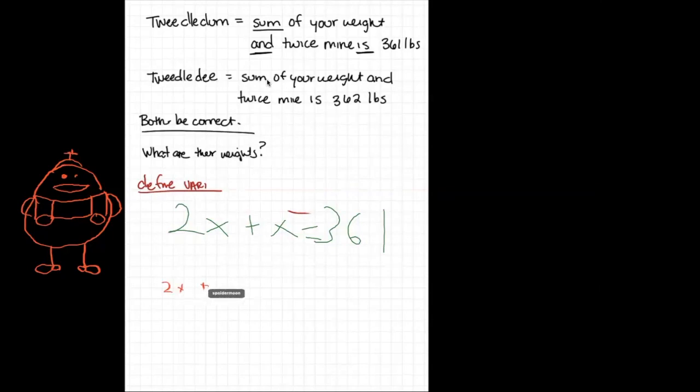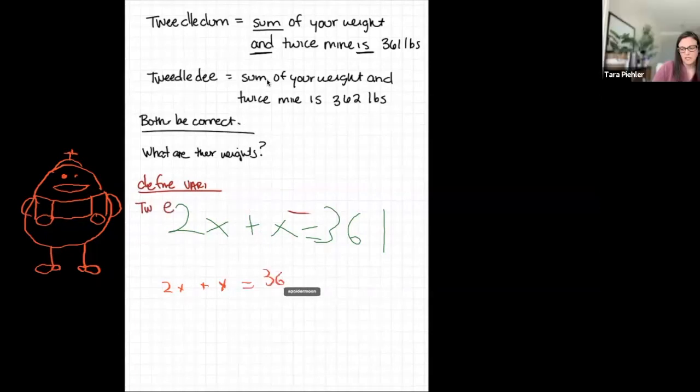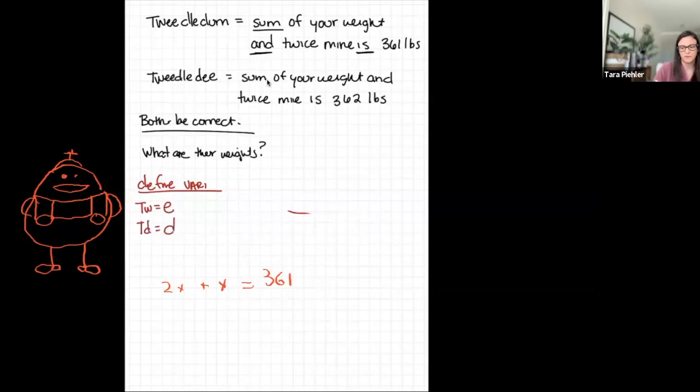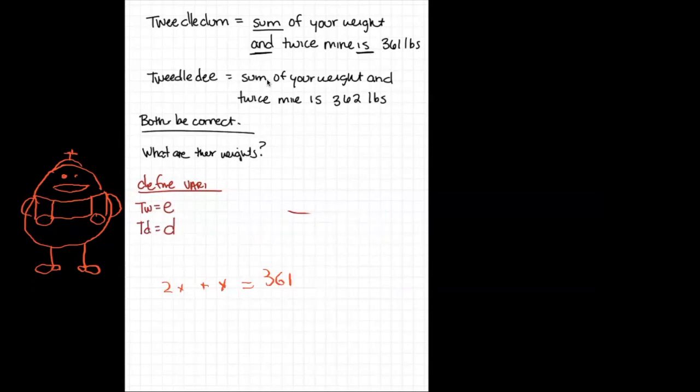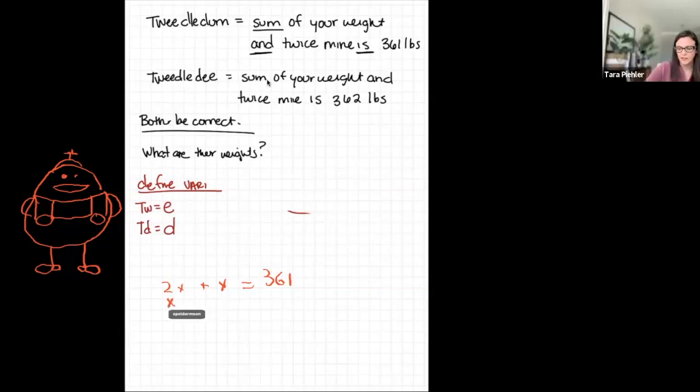We got Tweedledee, so we'll make him E. And we have Tweedledum, we'll make him D. Or we could say E and M, the last letters of their names. Doesn't really matter. Grace can do X and Y. It's just a random letter that's going to be our variable.